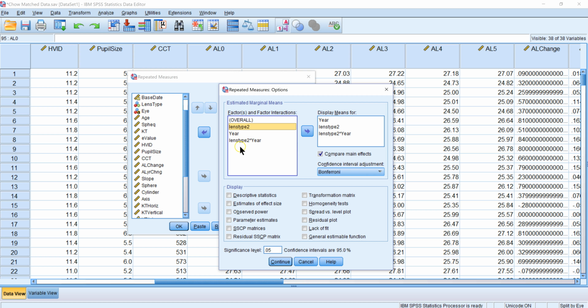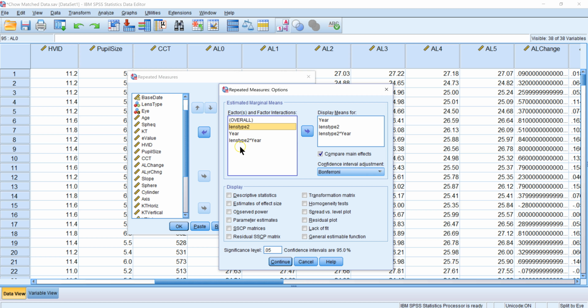Now in our case, because we have unequal n, this isn't exactly a perfect measure either, but at least it's a start in checking out significant differences between different aspects of it. So we're just going to go with this for now, and we're going to continue on and see what we get.